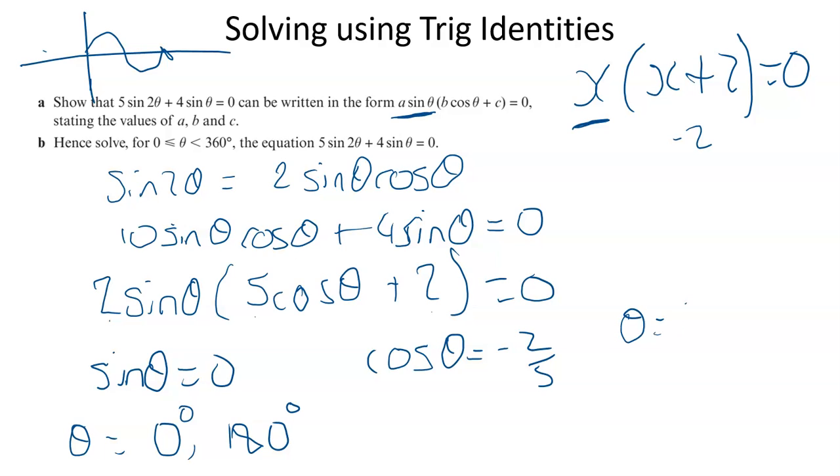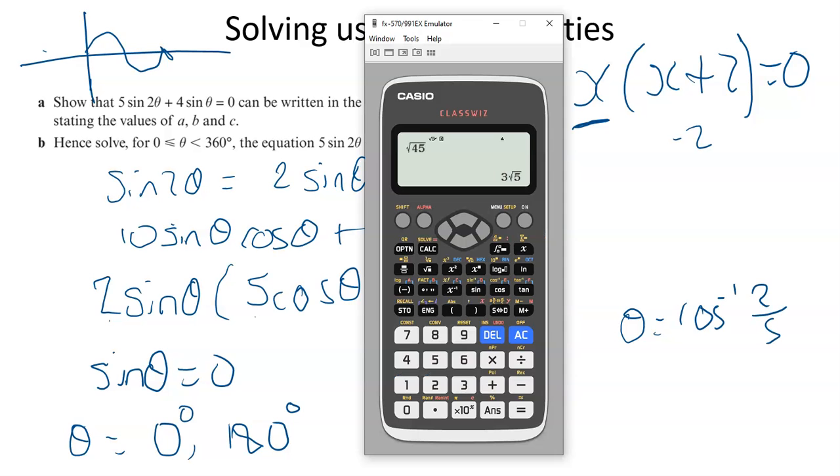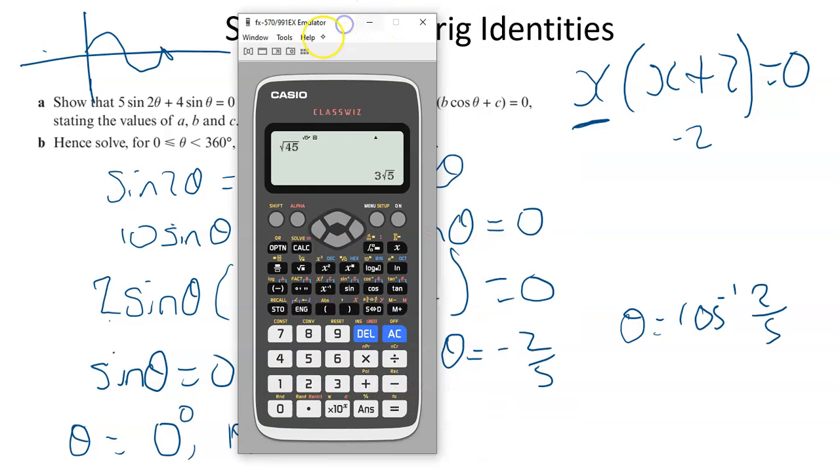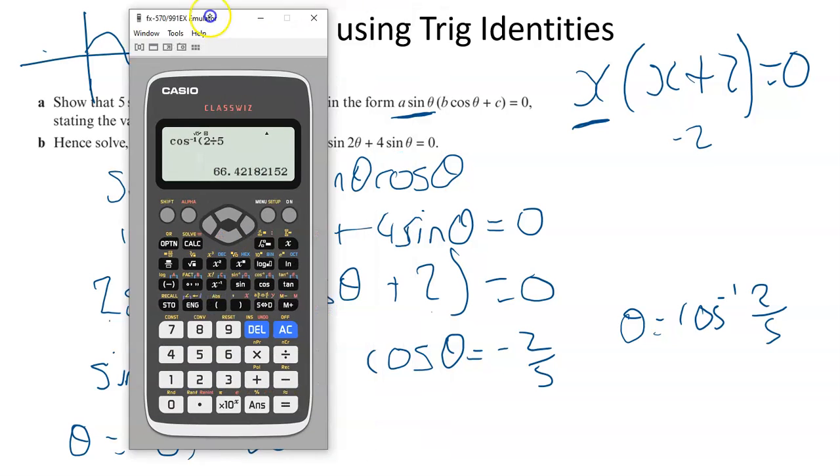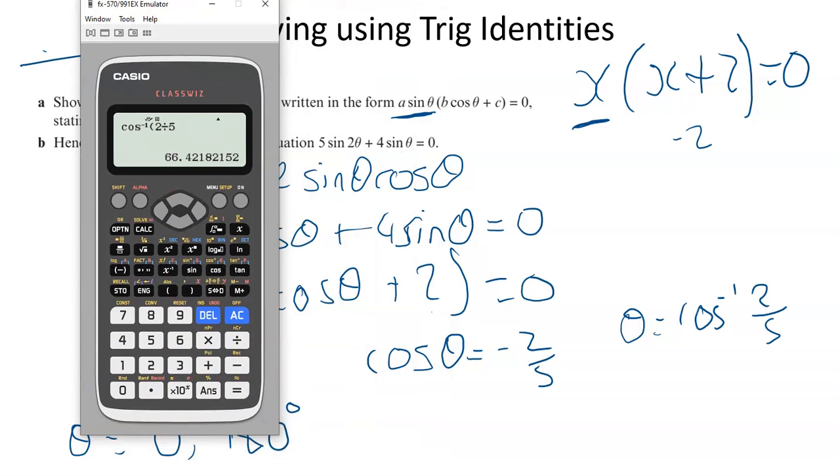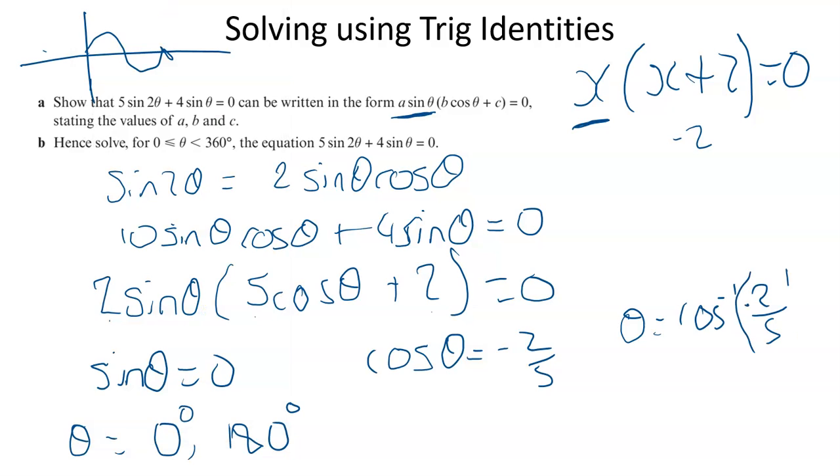So theta is going to be cos to the minus 1 of 2/5, and we may as well finish it up. I could leave it for you to do this bit, but we'll do it anyway. 2/5, and we get 66.42. That's because I missed out the minus sign. I did think that was a bit weird.